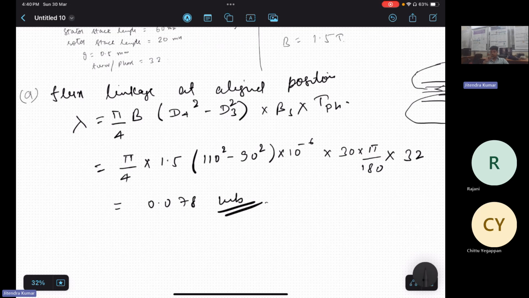So, another important challenge in axial flux machines is this: why did we go for a double air gap in an axial flux machine? Do you have any idea? We could have maintained a single air gap, isn't it?